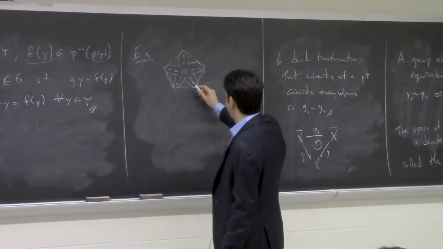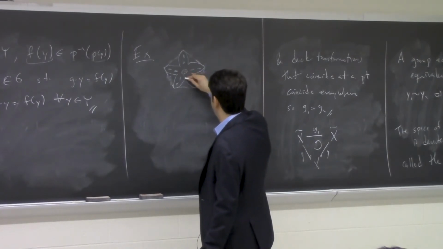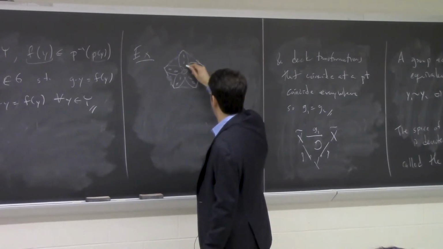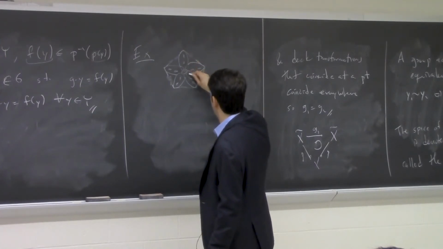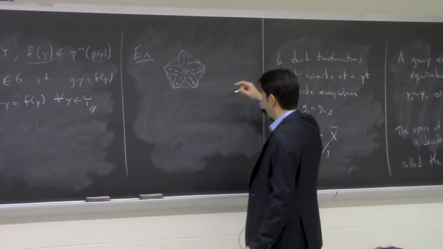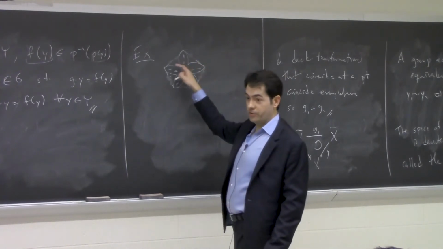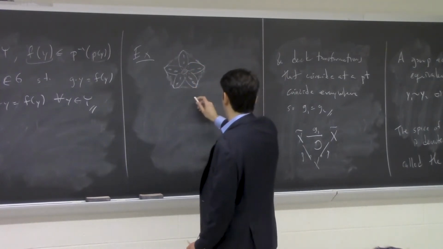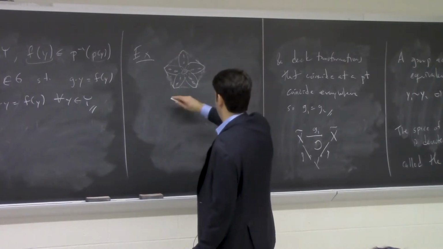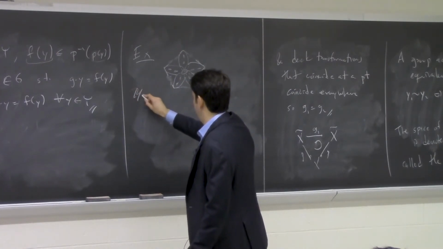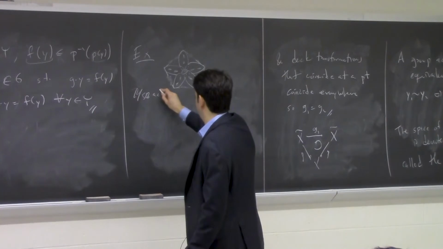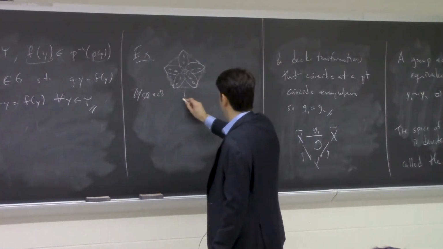Okay, and if you look at these circles, these loops, they would get identified by this rotation, right? So we're taking the orbit space.